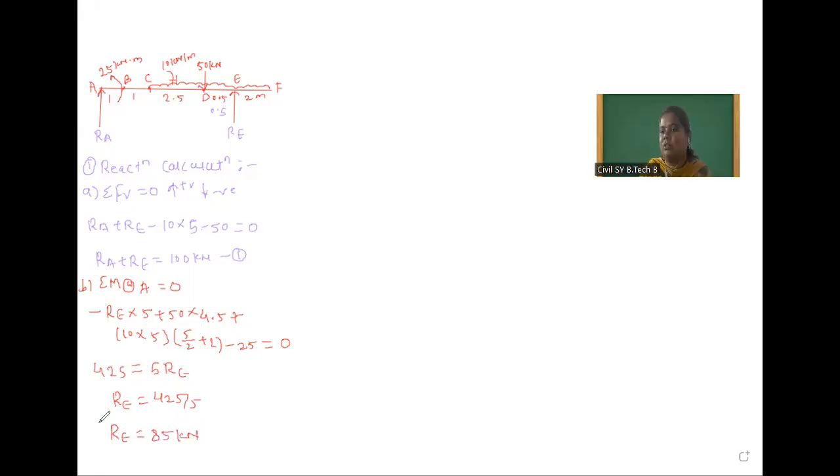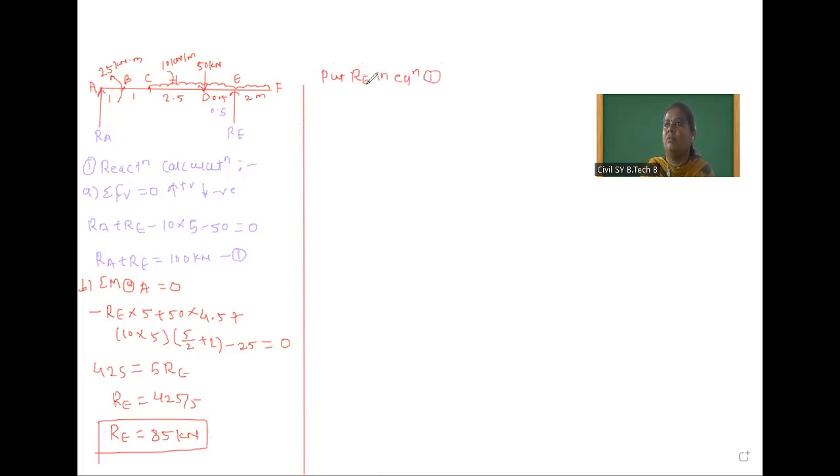Now we will substitute this value in equation 1 and calculate the value of RA. So put RE in equation 1.